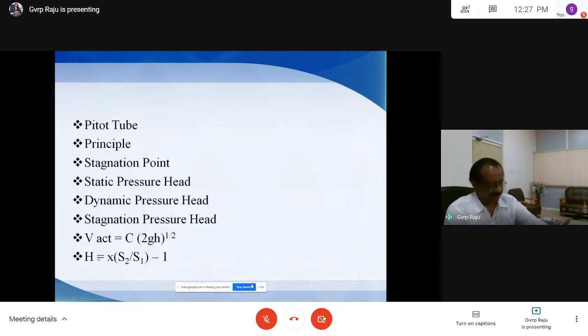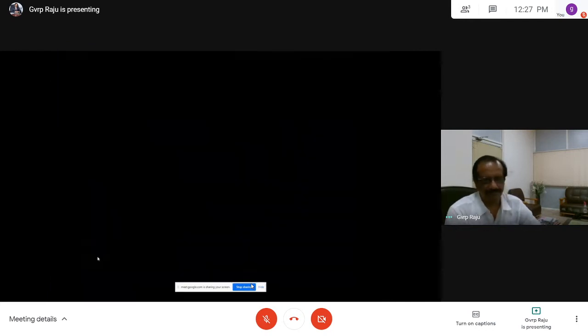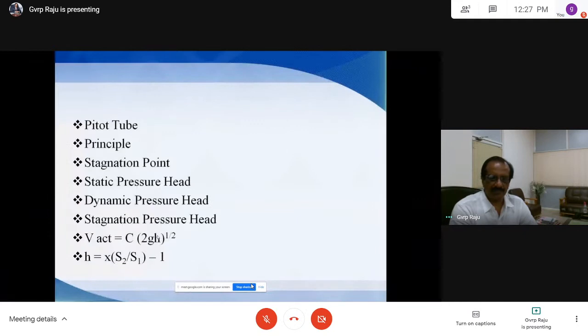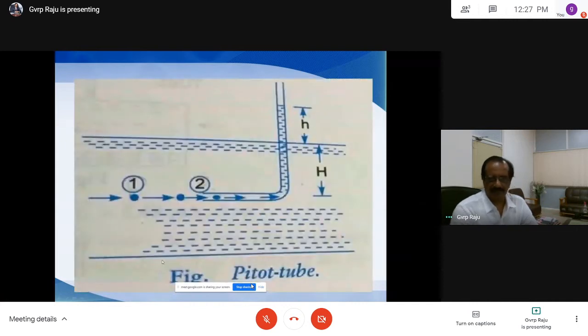h is again simple. h is the venturi head. This h and this h both are the same. So h is equal to x into (S2 by S1 minus 1), where x is the mercury displacement, S2 is the specific gravity of mercury, and S1 is the specific gravity of the fluid.